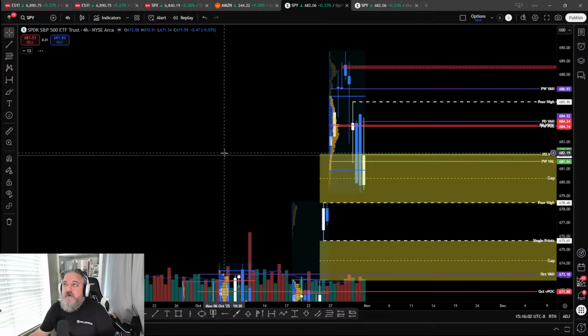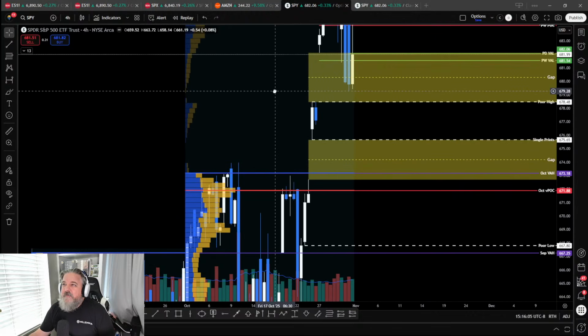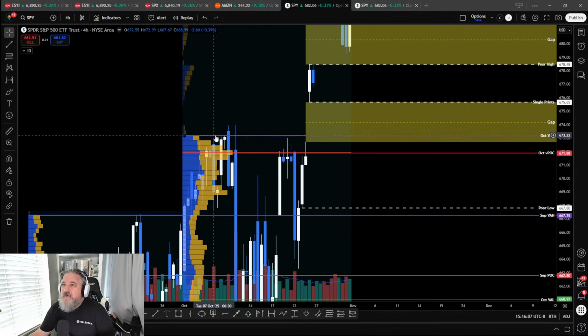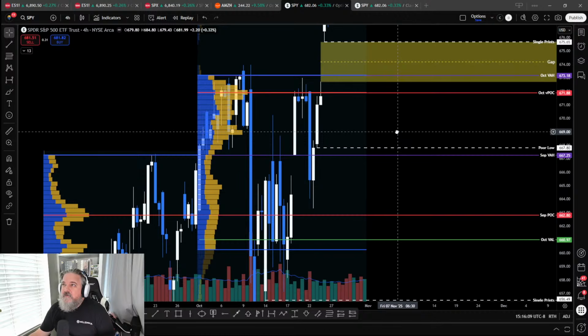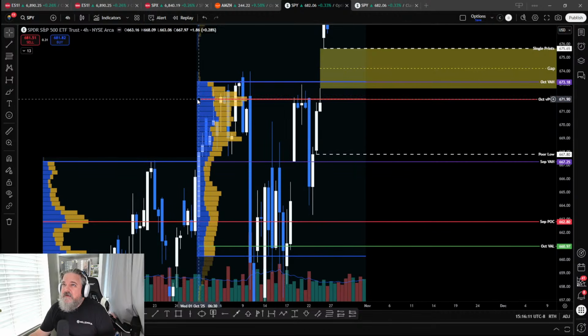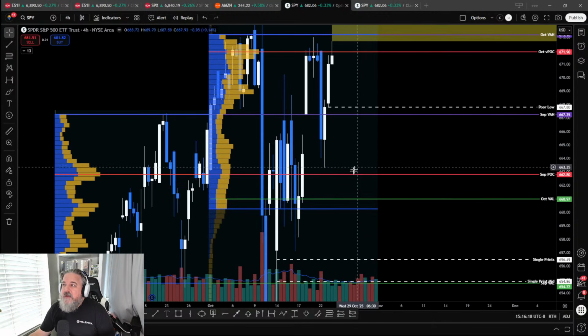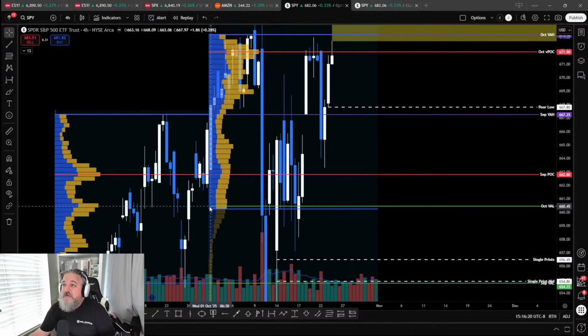Let's look at our October levels. We had been charting them. Value area high didn't really move. POC looks like it moved just a hair. And our October value area low did shift lower.